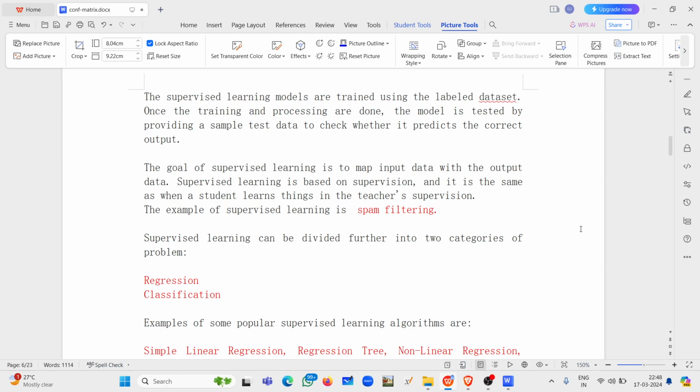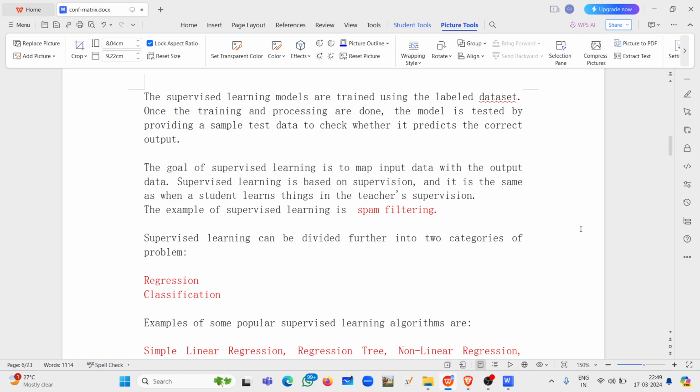Then it predicts the data, and we see to what accuracy it is predicting. So there are some prediction and testing measures, and for that we will be using all these terms.